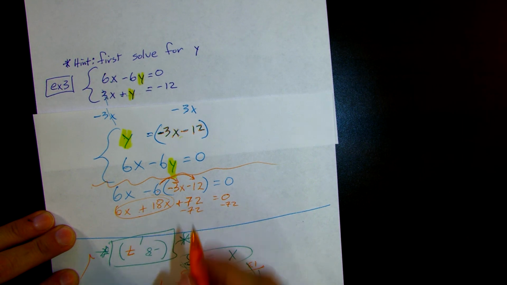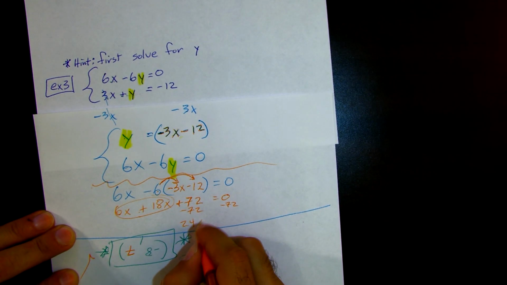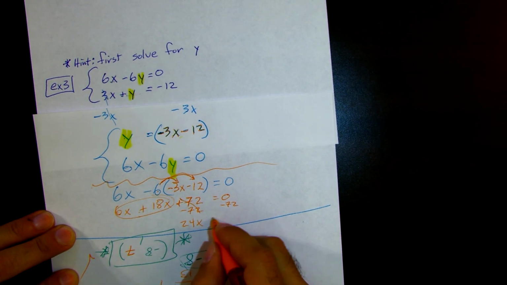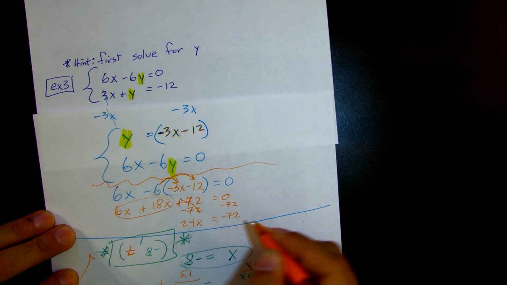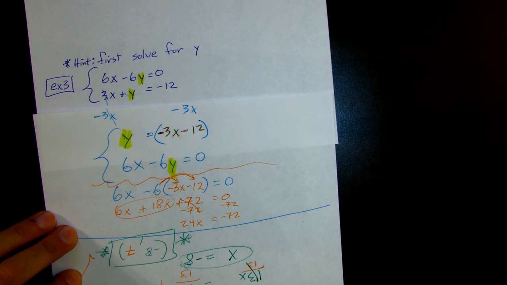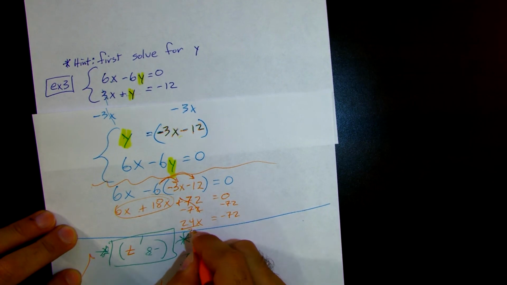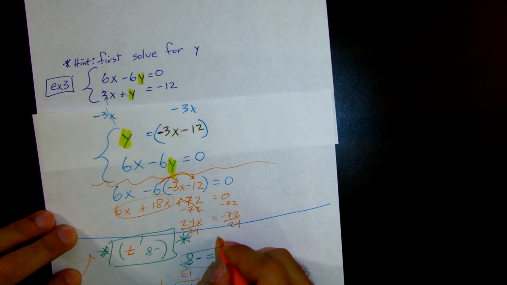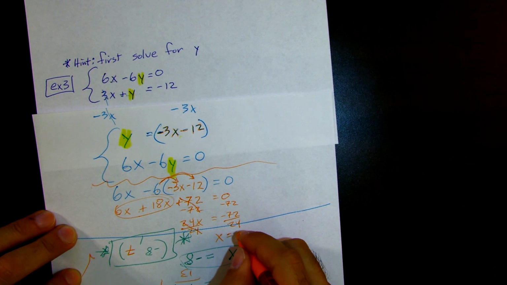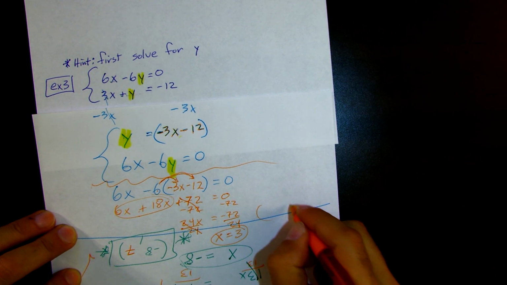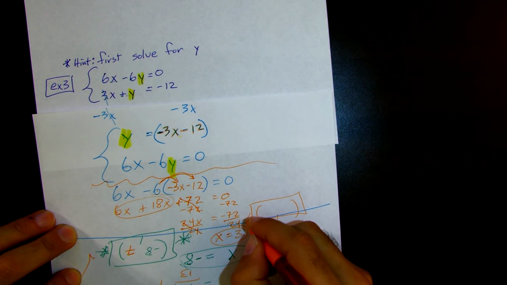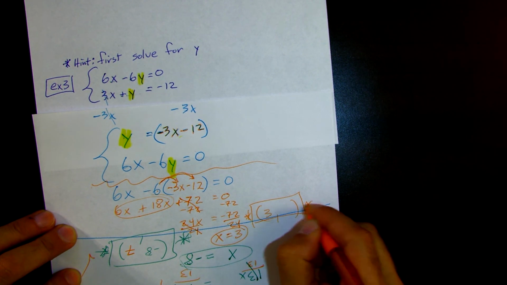We end up with 24x. That canceled, so it's equal to negative 72. I'm running out of room, sorry. And divide by 24, we get x is 3. So here's my answer, 3 for x.